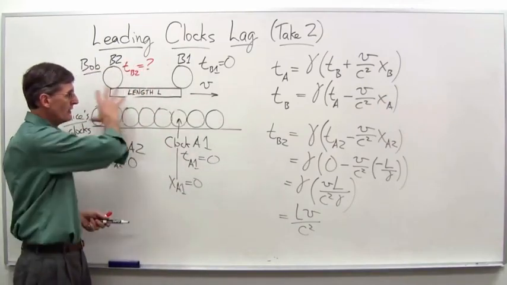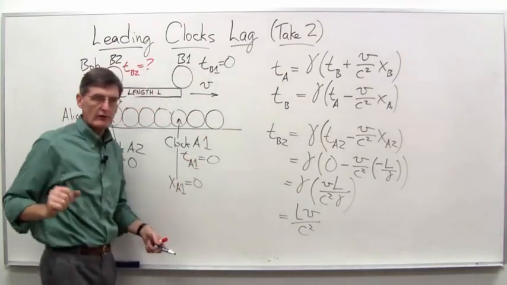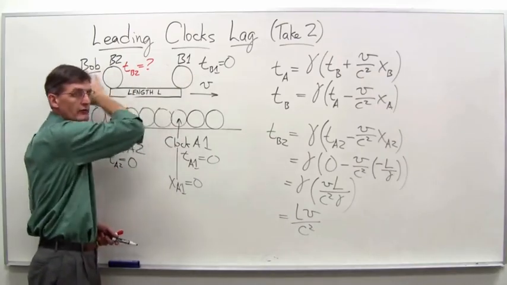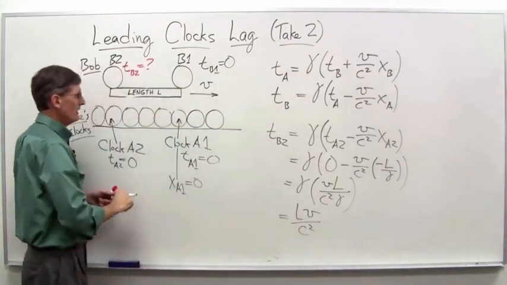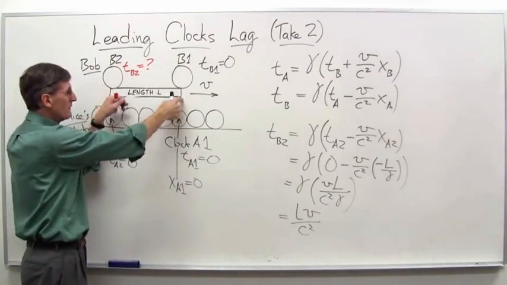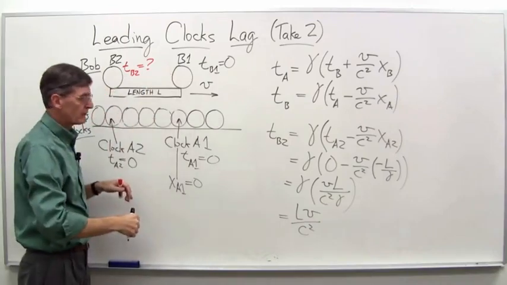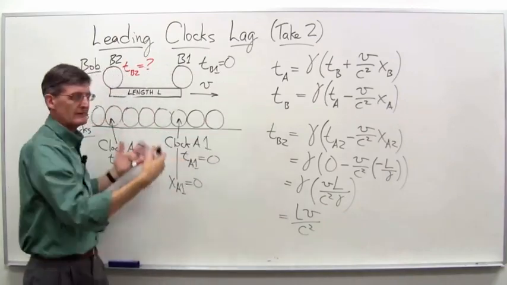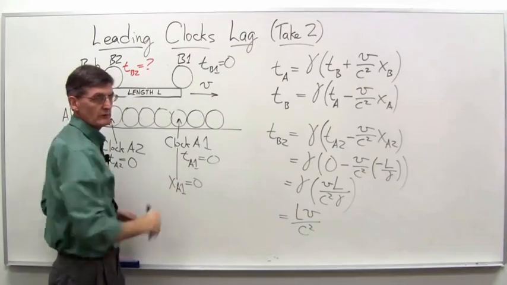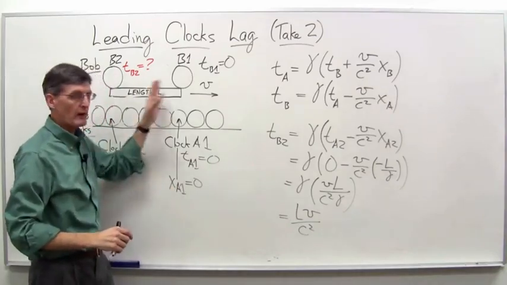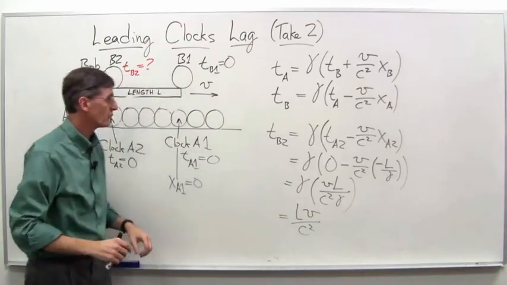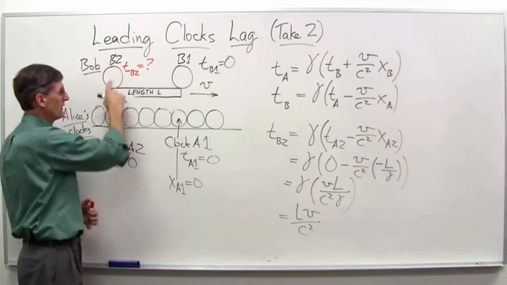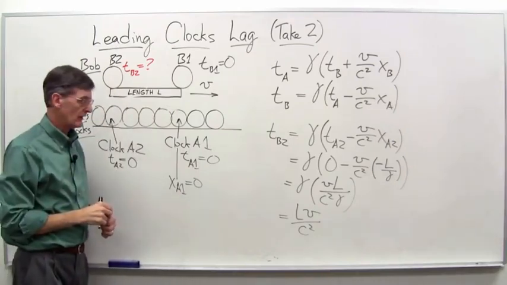When a set of clocks is moving past an observer, then for any 2 clocks in the set, the distance between them in the clocks' frame, in this case Bob's frame, so that'd be L here, but it doesn't have to be the length of a spaceship, it could just be 2 distant clocks according to Bob's lattice of clocks, times the velocity over c squared. The leading clock will lag the second clock, the trailing clock, in whatever situation you're looking at.